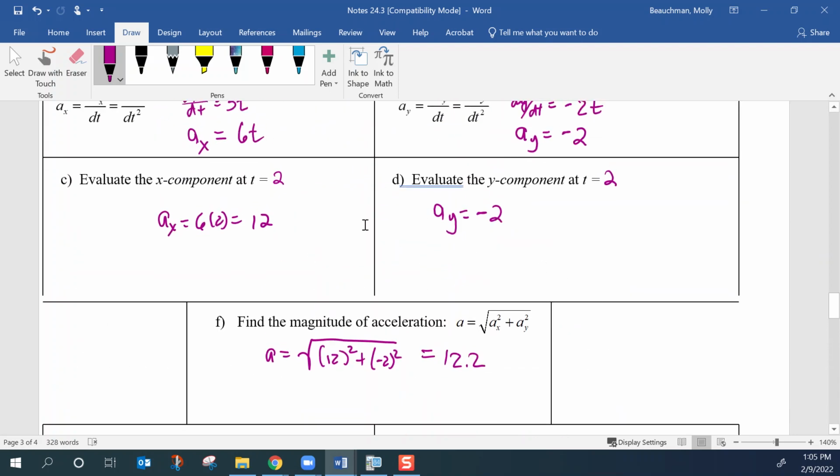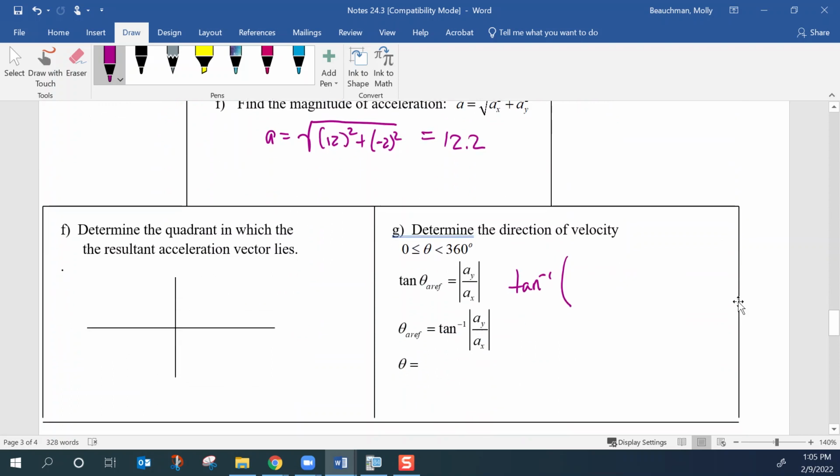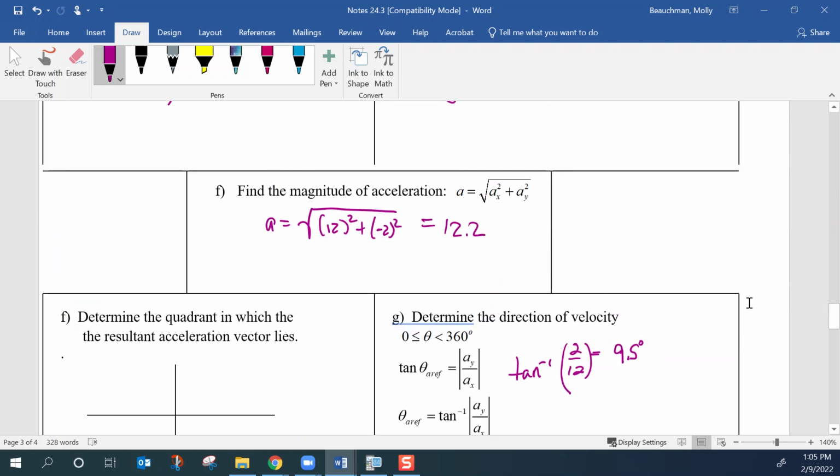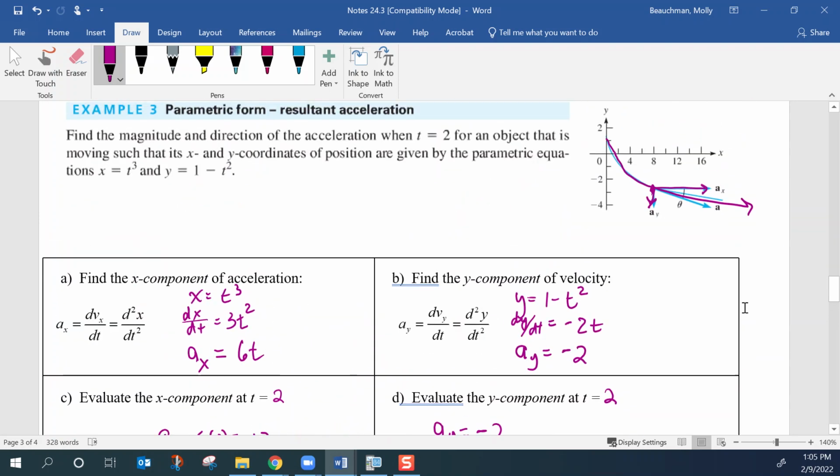So the y component is going to be 2 over the x component 12. So the inverse tangent of 2 over 12 is equal to 9.5 degrees. But we have to figure out from our picture, where is that from horizontal? And if you look at the diagram from horizontal, it's going down because we're in the fourth quadrant. So that's going to be a negative 9.5 degrees.